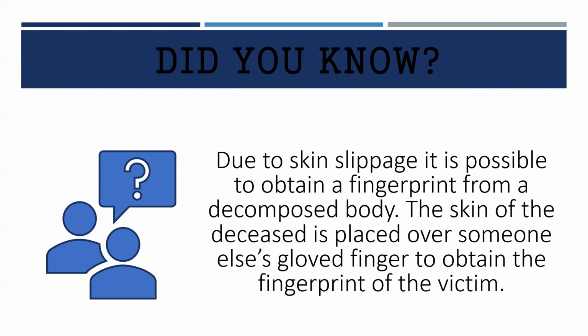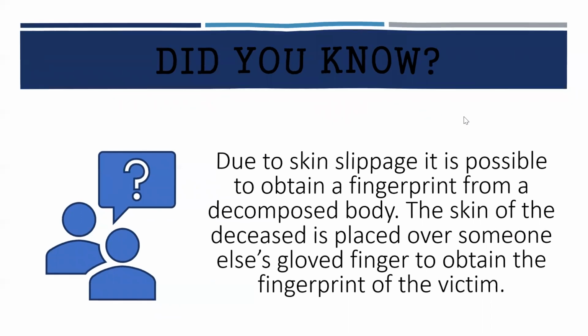So sometimes if active decay is happening, you can't necessarily fingerprint someone. The early stages of decomp, you still could. Once that skin starts to fall off, they actually just take the skin and wear it, if you will, on a gloved hand, which makes the fingerprinting process easier. Fun facts.